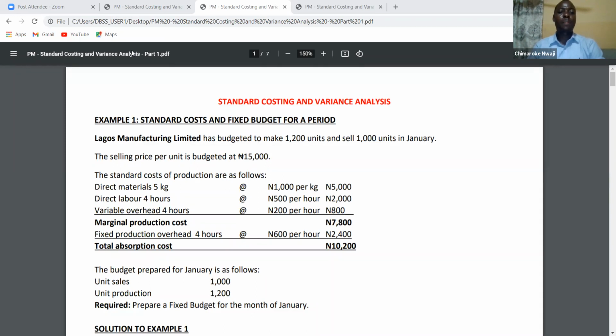Okay, when we get our standard costs, we are ready to make a budget. So there is a similarity between a budget and a standard cost. Now, standard cost or standards, standard price, standard cost, all form standards.